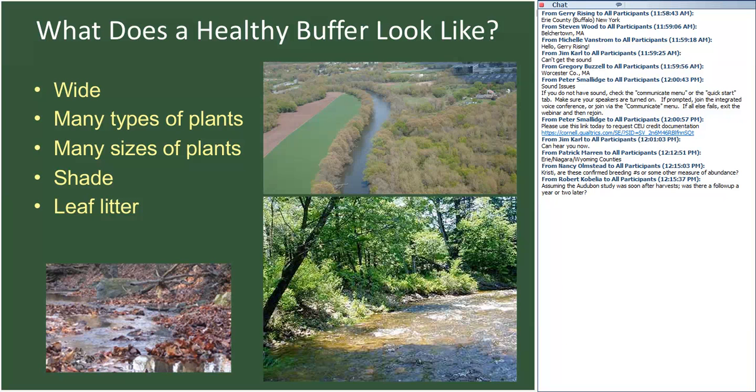They provide shade to the water, which is really important for something like a small cold water brook trout stream. Trout love cold water, and so you're helping to shade and cool the water. And buffers have a high input of leaf litter into the stream, which provides the basis for the food web within the stream.